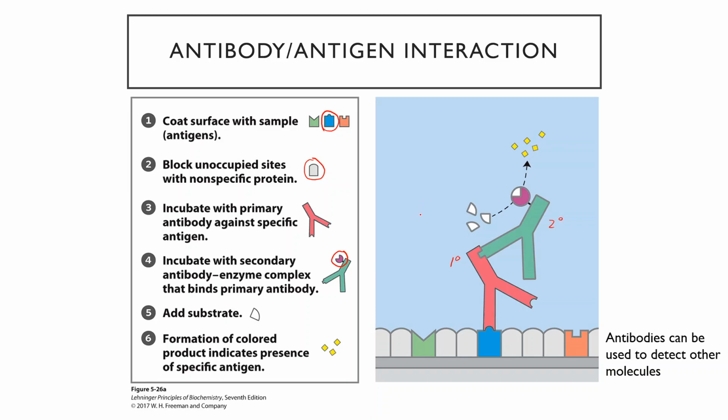So then you mix together everything. You add your primary antibody to your dish, which has your antigens coated on it. You add your secondary antibody, which will bind to the primary antibody, and the secondary antibody comes pre-attached to an enzyme. Then you add to your dish the substrate for that enzyme, which when it reacts with the enzyme becomes some sort of colored substance or precipitate, or becomes visible in some way.